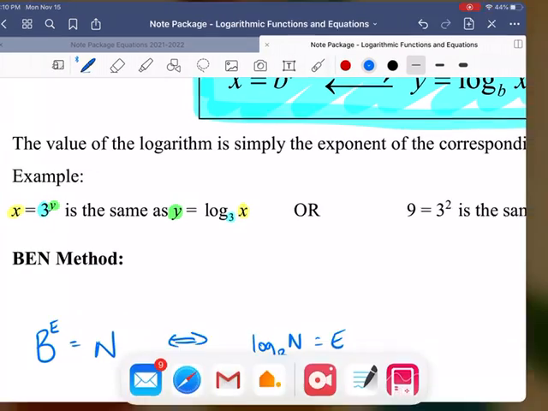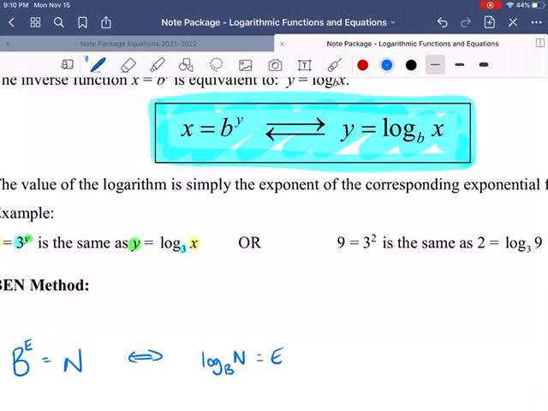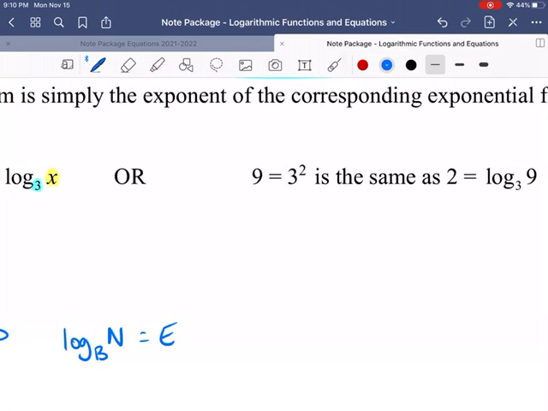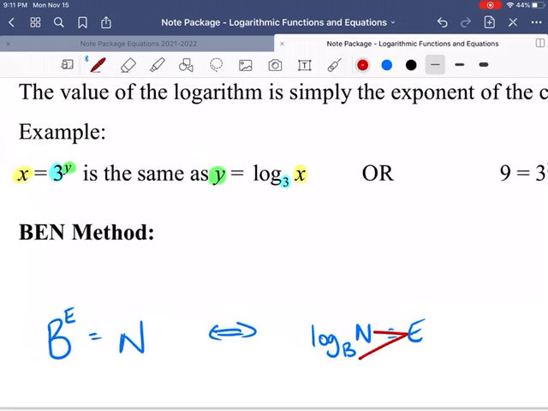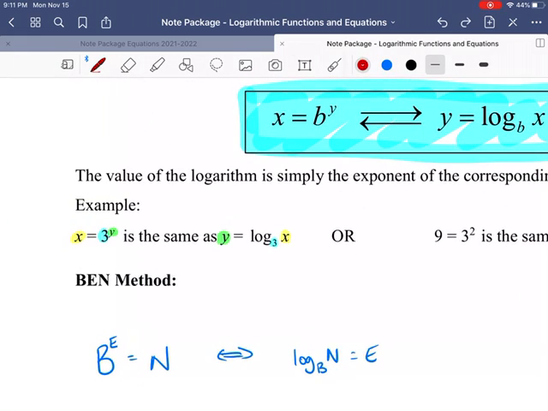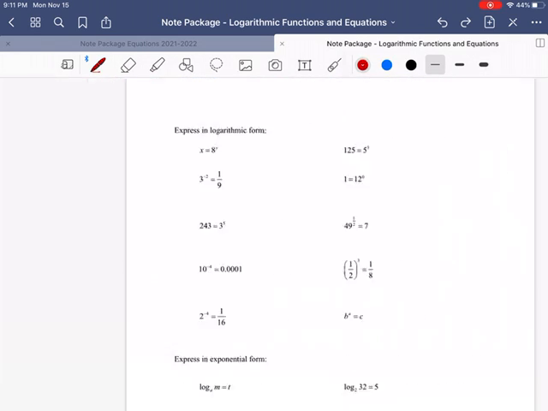Now I've also seen some people, when they're in log form, do a 7. So they start at the base to the exponent equals the n. Okay, so the base to the exponent equals n. All right, so if either of those sort of make sense to you, you can use them.